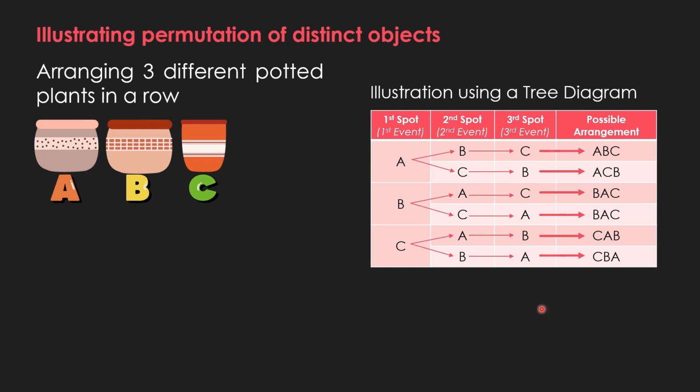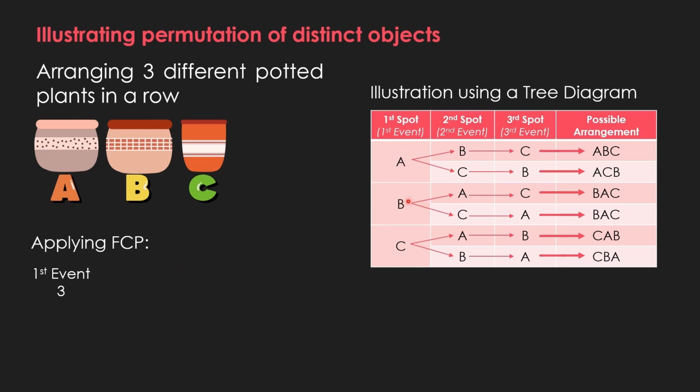Now, this is a way of answering the problem by using a tree diagram. But how about if we apply the mathematical concept of the fundamental counting principle? Applying it, for the first event, as we have seen in the illustration, we have 3 possible choices.